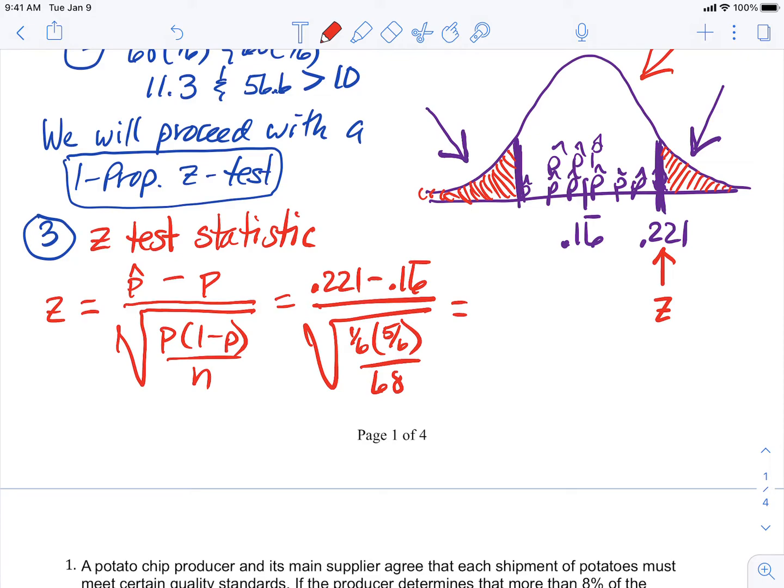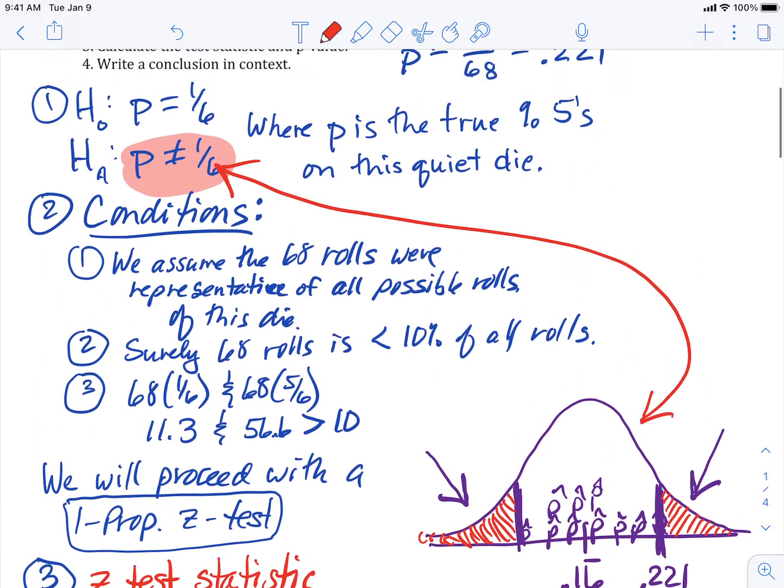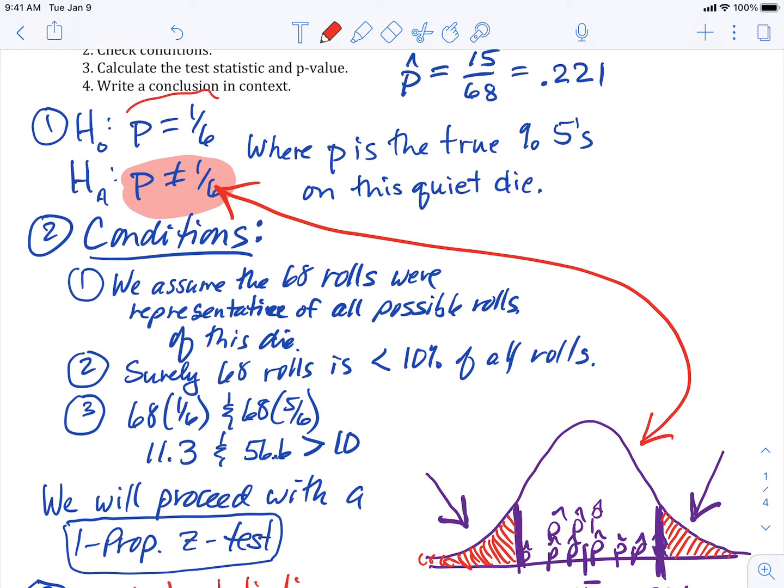So if you go to 1-PropZTest on a graphing calculator and type in all the particulars, you'll notice the first thing it asks for is the p sub 0. p sub 0 is the proportion that we used back here in the null hypothesis. So the calculator calls it p sub 0, and we're going to type in 1/6.